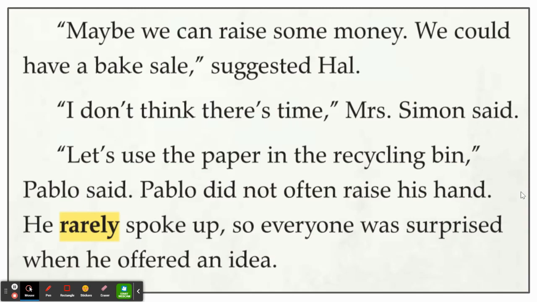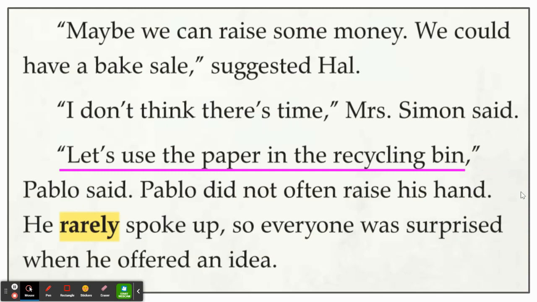Okay, second graders, let's stop and think. If the problem is they don't have materials to make an art project, Pablo is suggesting a way they could find supplies. He says to use the paper in the recycling bin. Reuse it. Does that sound like a step to solve their problem? Yes.